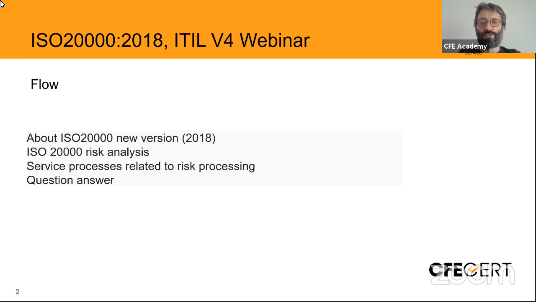Instead, we are going to talk about risk analysis and the risk analysis approach of this new version, and related ITIL-based processes, which ISO 20K keeps mandatory for all companies to comply with. So we are going to talk about the ISO 20K new version.